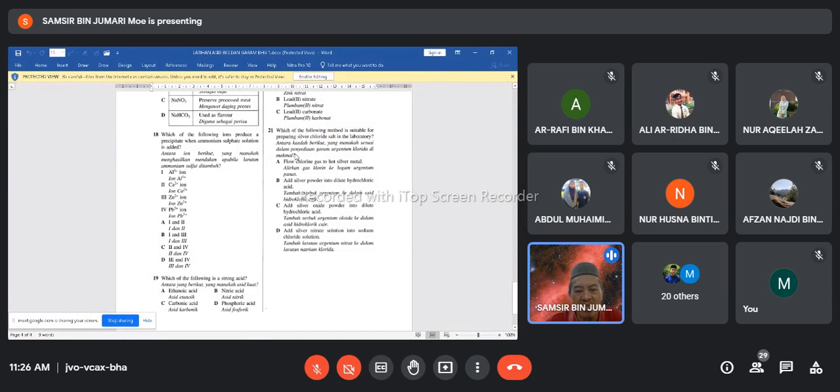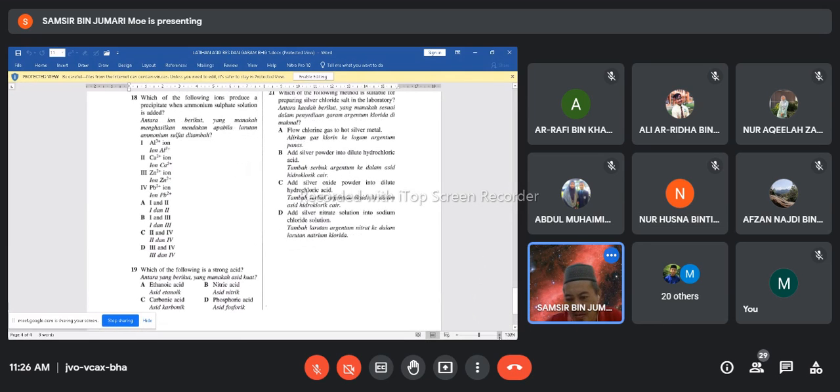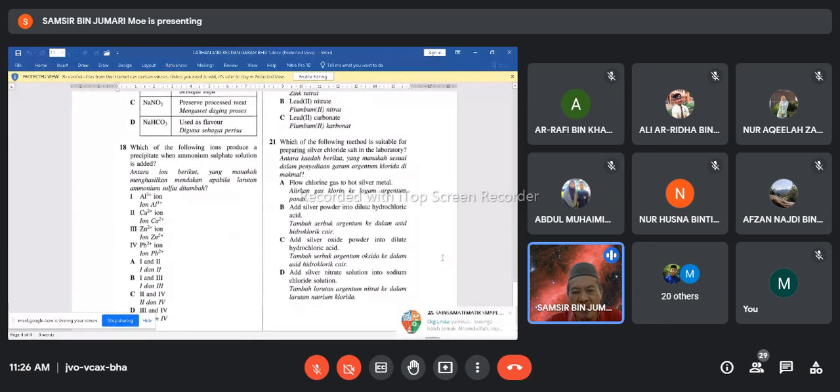This question is already given in your group. Question number 21. Which of the following methods is suitable for preparing silver chloride salt in the laboratory?